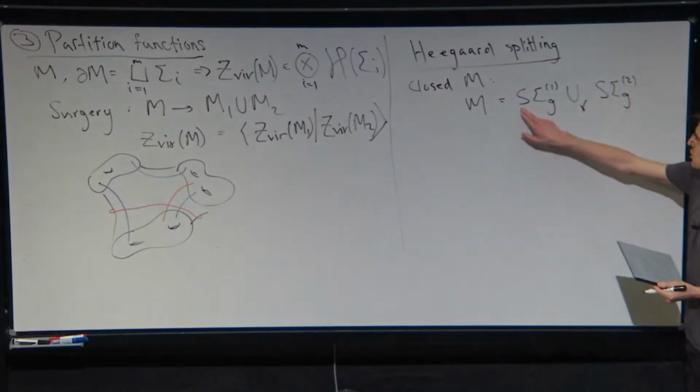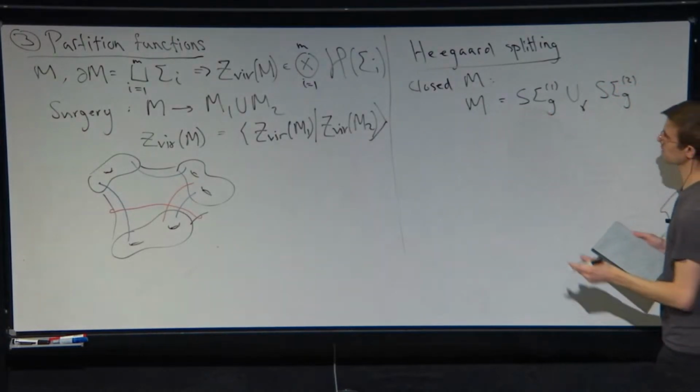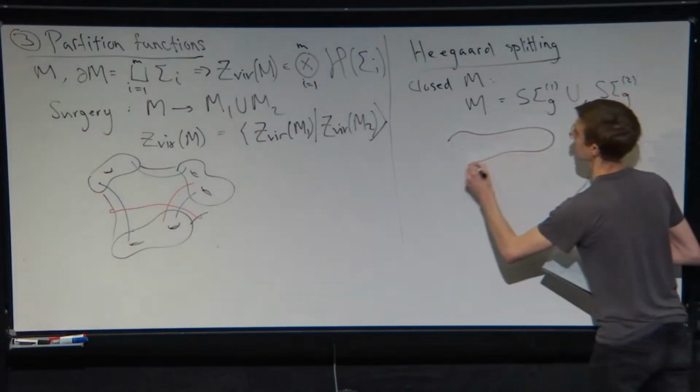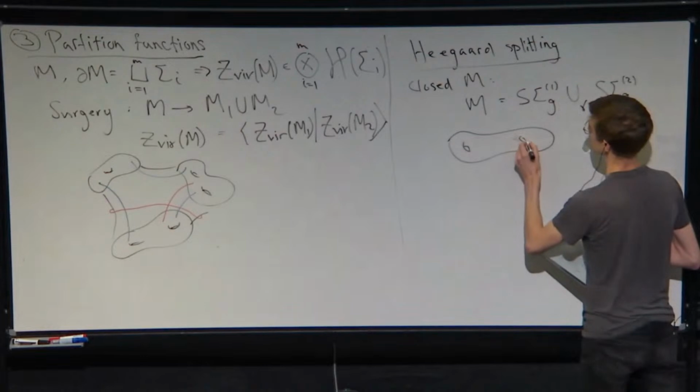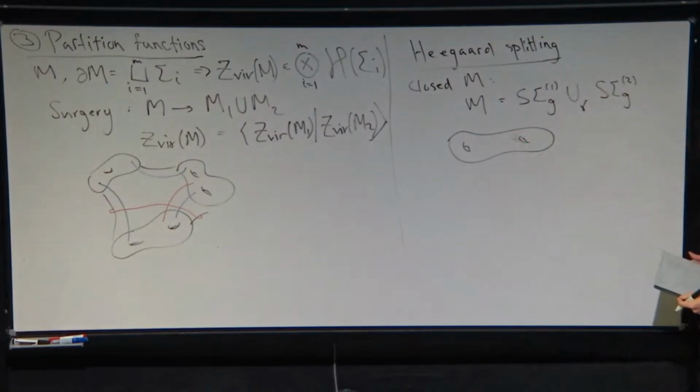So I use this notation S sigma to denote a handlebody, which is some Riemann surface with some choice of cycles filled in the bulk.